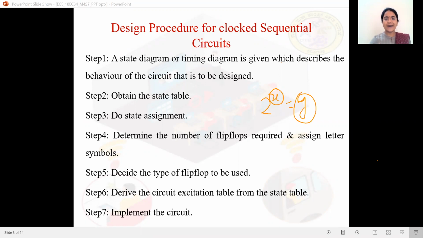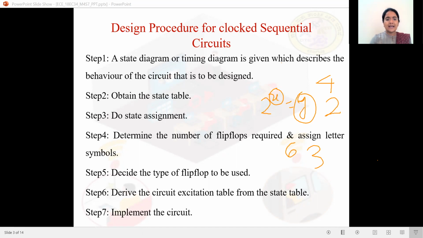If we want to have 4 states in the state diagram, then we require 2 flip-flops to represent that. And if you are having, let us consider, 6 states, then we require 3 flip-flops to represent that.